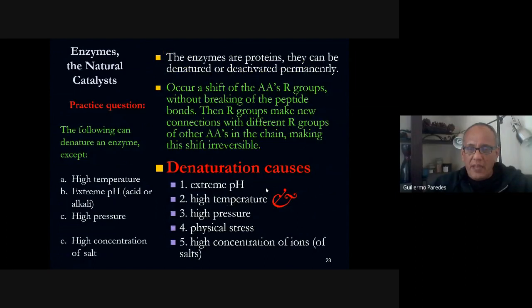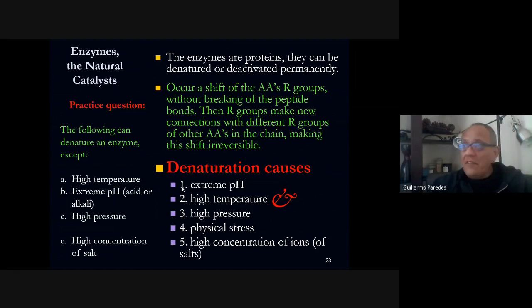Are you ready? Extreme pH. We are going to talk about pH very soon. For example, something you have at home, Clorox. Don't put your finger in it, okay? If you put your finger in for just 1 minute, it's going to ulcerate and really burn.